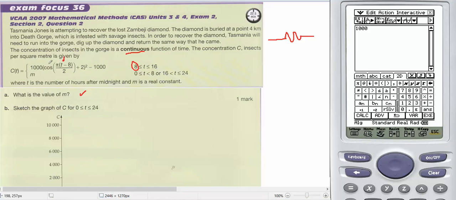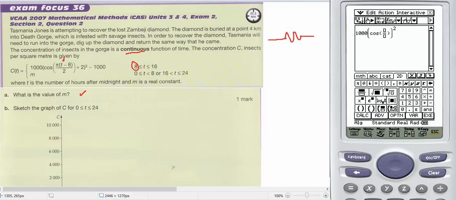Then I have a cosine which is squared. So I'm going to open up a bracket in 2D, and on the outside of that bracket I'm going to square it. Then inside the bracket I'm going to have the cosine, so math cos, and I'm going to have a bracket inside of there, so I'll close that bracket for the bracket of the cos, and in there I have a fraction.